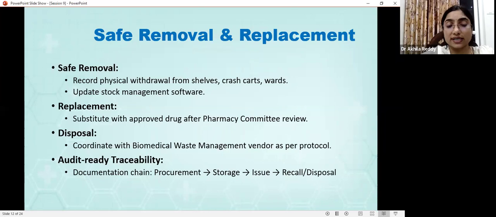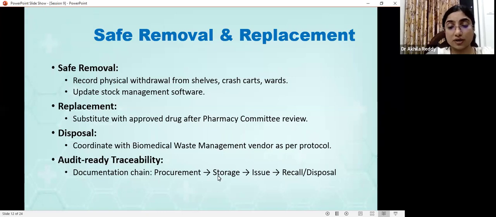And at the same time, an audit-ready traceability documentation chain from procurement, storage, issue, drug recall or disposal. This is an audit traceable protocol, which should be mandatory, and it should work whenever we go for the drug inspector or anything. So from the procurement itself, it got banned.